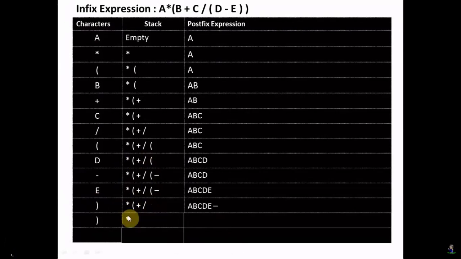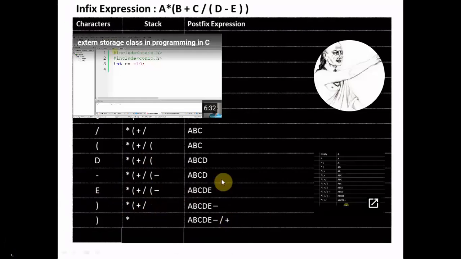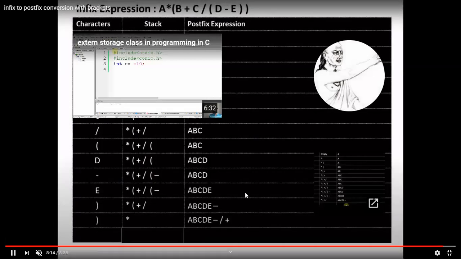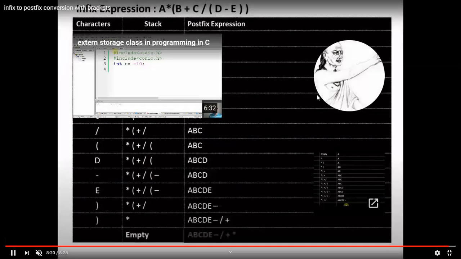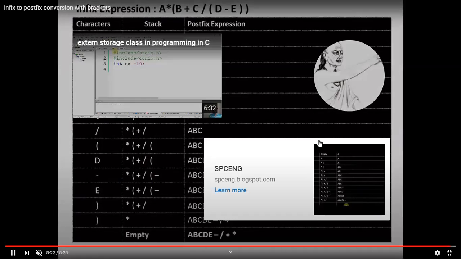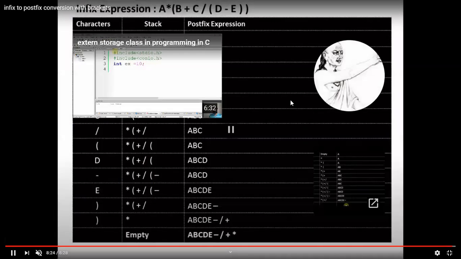So let us see the expression. Star, plus and slash will be popped out. So in this we can see slash is on the top of plus.